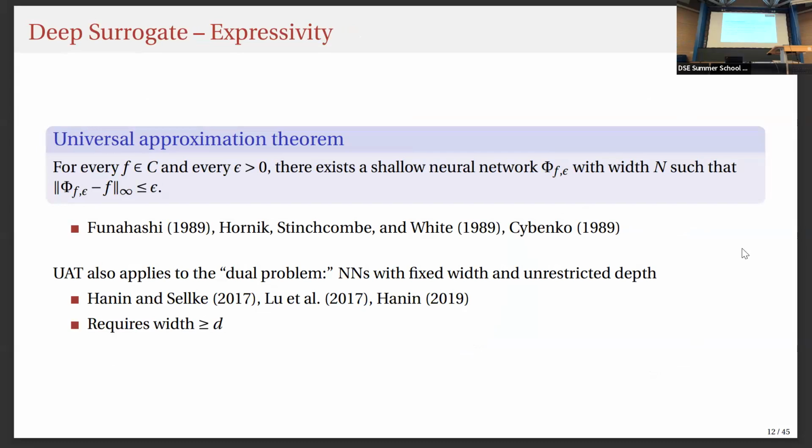If you're working with continuous functions, then there always exists a shallow network, where shallow is defined as a neural network with only one hidden layer, but potentially very wide in terms of the number of neurons in that layer, such that you can get this infinity norm for the error to be as small as you want. This is like the Weierstrass theorem.